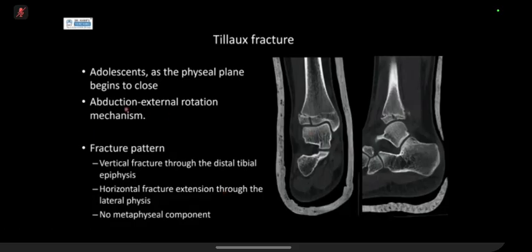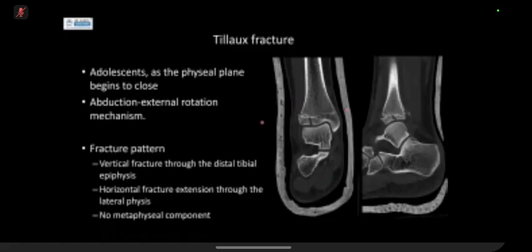So ankle abduction, external rotation, that's a mechanism that's quite similar for a lot of the other ankle injuries that you get in adults. And then depending on whether it's internal or external rotation, you get medial band or lateral band ligament injuries. So as I mentioned earlier, there's a fracture pattern. It's a vertical fracture through the distal epiphysis and then through the lateral physis, a horizontal component.